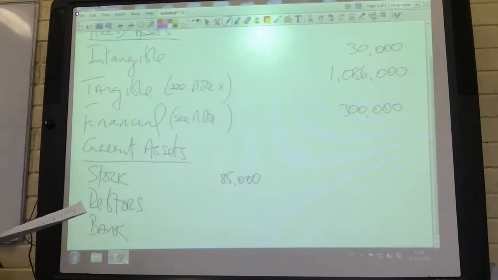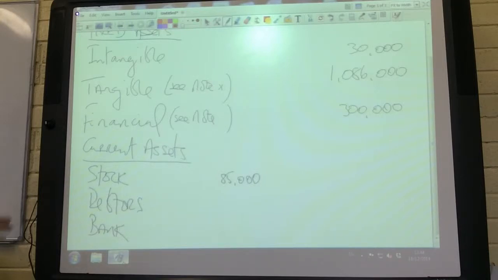It's just a single item in this case, but remember, in a manufacturing firm you could have raw materials, and you could have finished goods and work in progress. And of course you could also have, in any firm, stock of stationery or stock of heating fuel or diesel or petrol or something left over at the end of the year. And all of those would be aggregated, added together, and you'd put in a single figure for stock in the balance sheet.